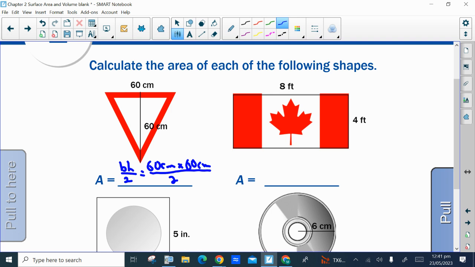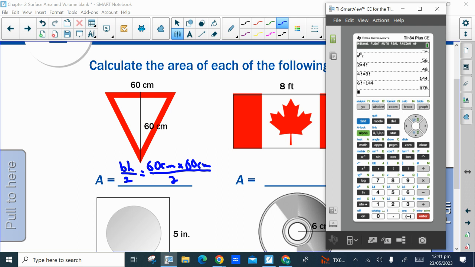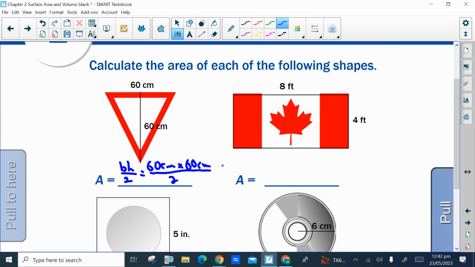Order of operations says that we would calculate the top first and then divide by 2 second. So 60 times 60 is 3,600. Divided by 2 would be 1,800. And area is always in units squared. So it would be 1,800 centimeters squared.